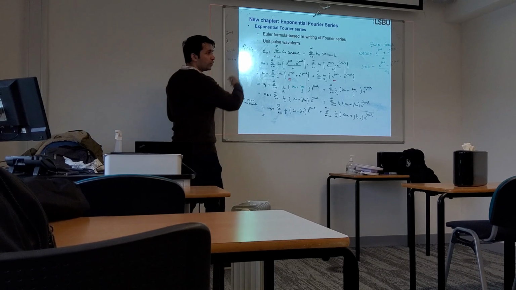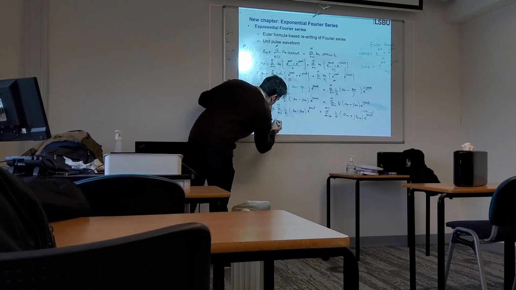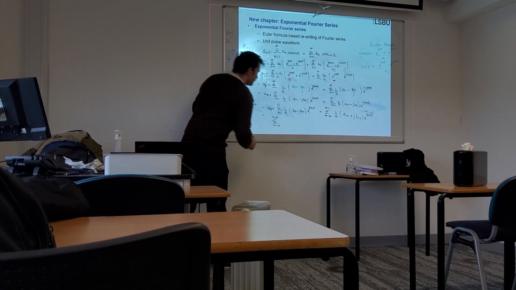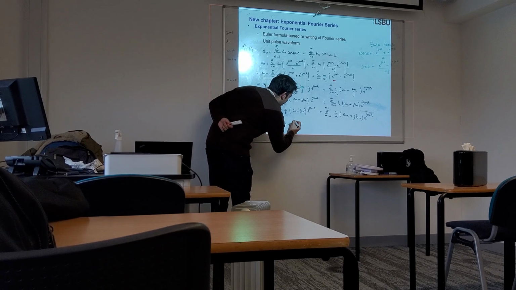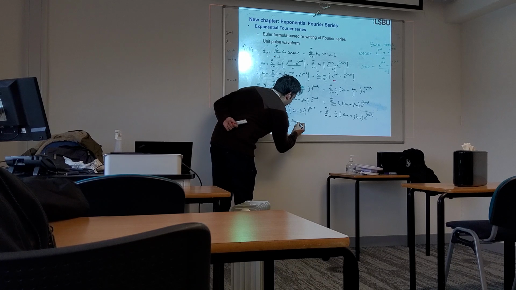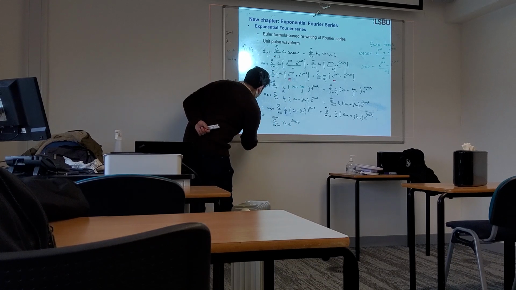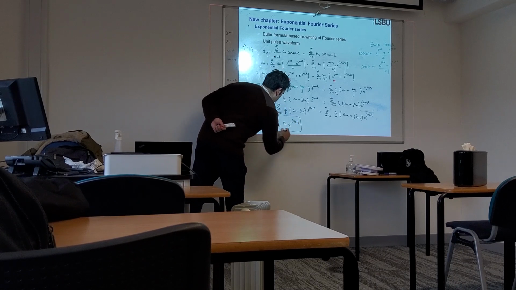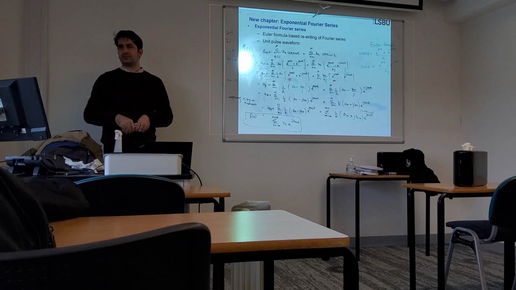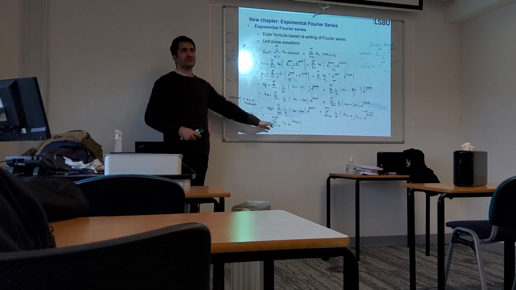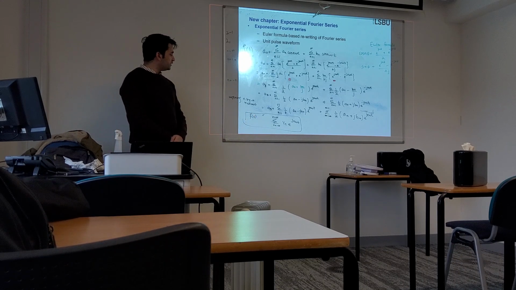I will write this whole equation as summation n equals minus infinity to n equals infinity of Rn e power j n omega t. So this is the final equation of the Fourier series.